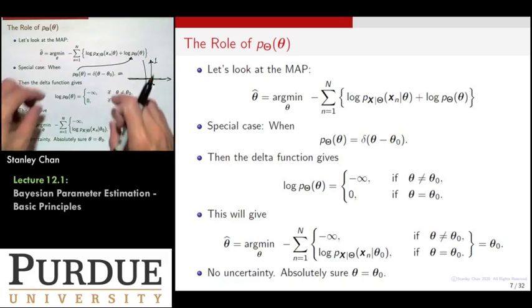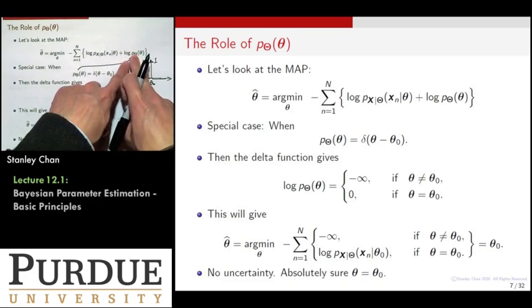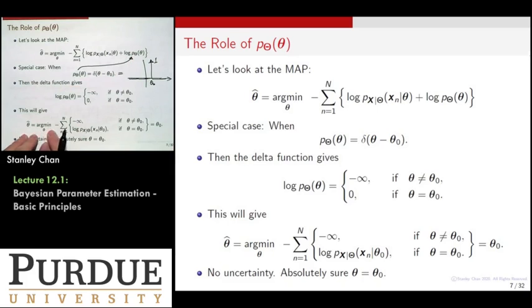So you plug this into this minimization problem, then what you will have is this arg min of negative summation of minus infinity when theta is not equal to theta 0. But if it is indeed theta 0, then you will get back the log likelihood term. All right.